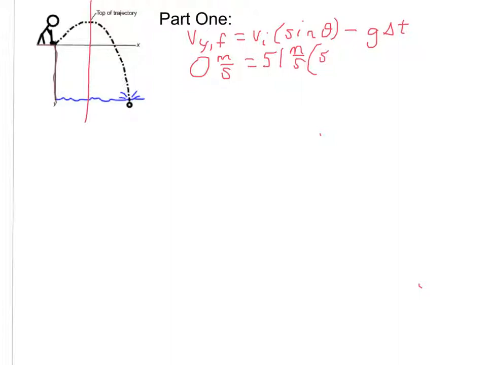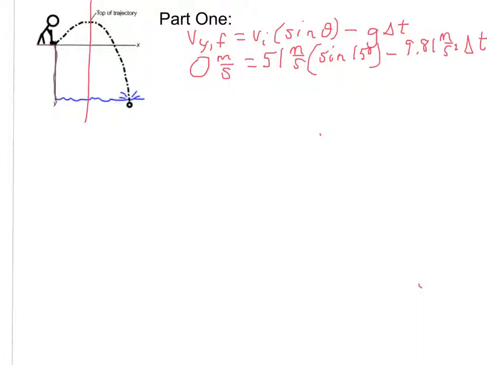So we're going to say sine of 15 degrees. That's our angle that the ball is being launched. We also know acceleration due to gravity, 9.81 meters per second squared, and I am running out of room, but we do not know delta t. That's an unknown.